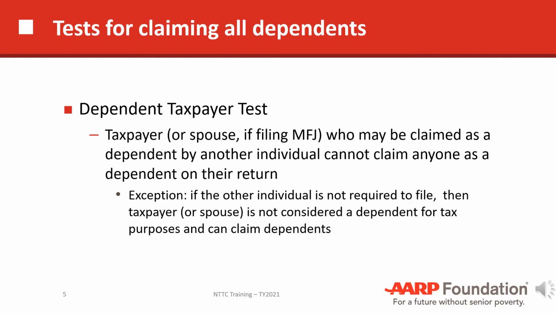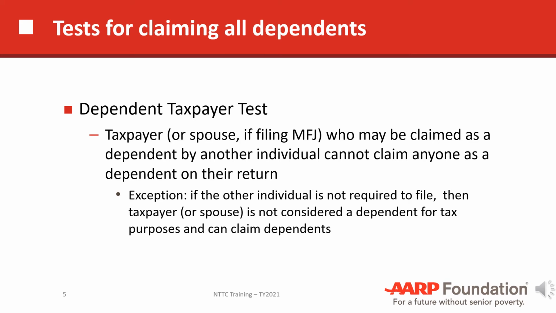So if the taxpayer themselves are a dependent of somebody else, they are not allowed to claim a dependent on their tax return. But there is an exception. Of course, there's exceptions to everything. If the other individual is not required to file, then the taxpayer or spouse is not considered a dependent, so therefore they can claim other dependents.